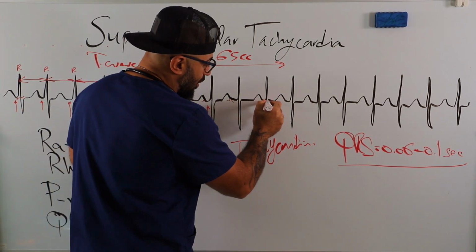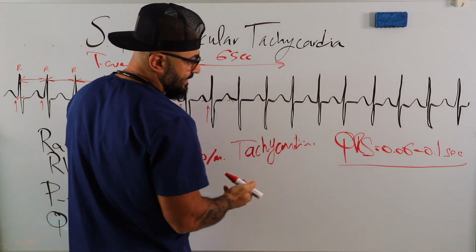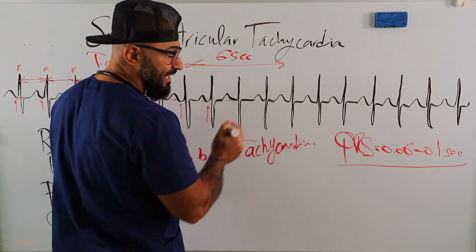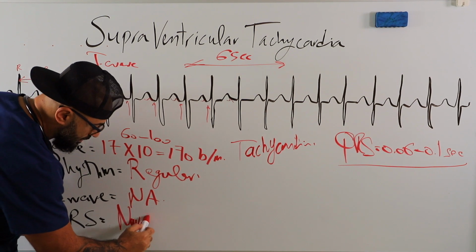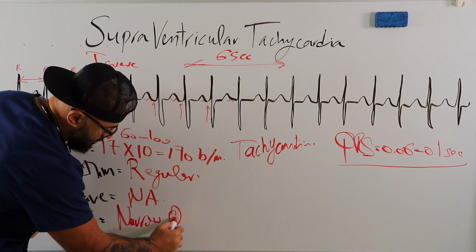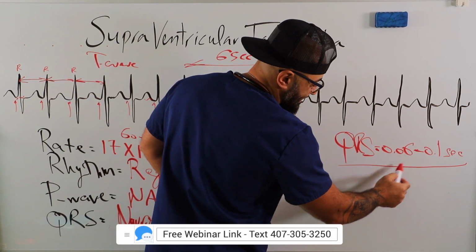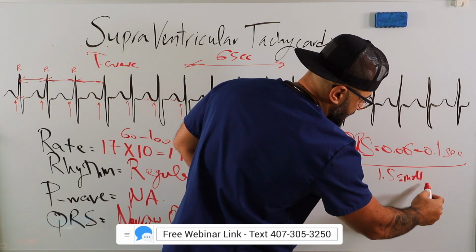Now here, since we don't have small squares and large squares, you cannot measure the distance, but I'm telling you, this is my example, this is a narrow QRS, right? Usually 0.06 is 1.5 small squares.